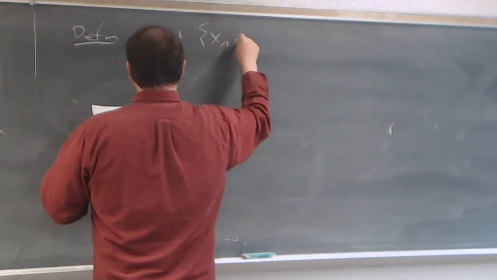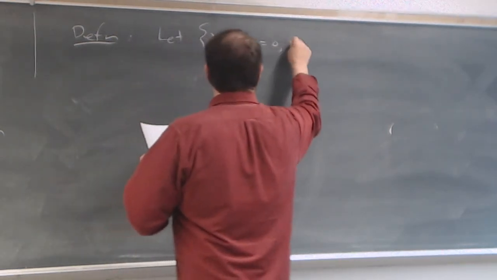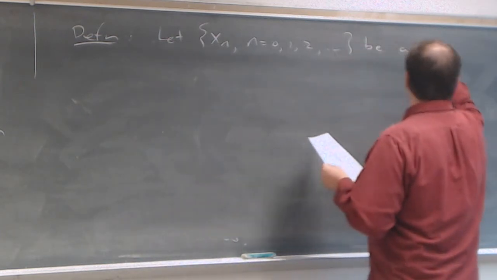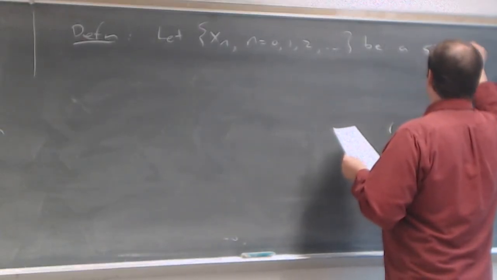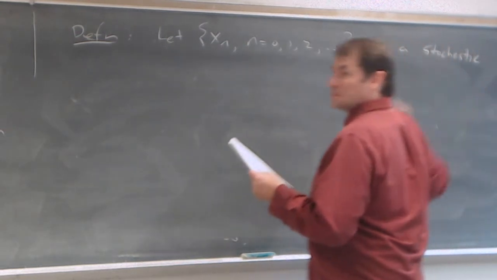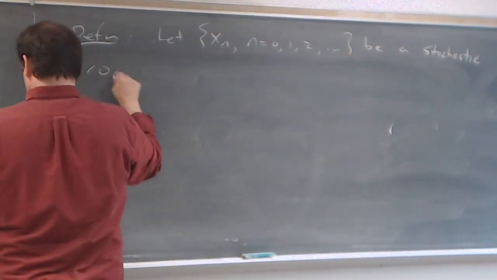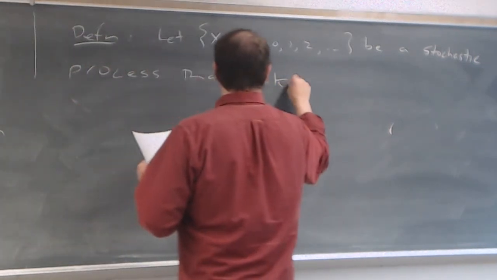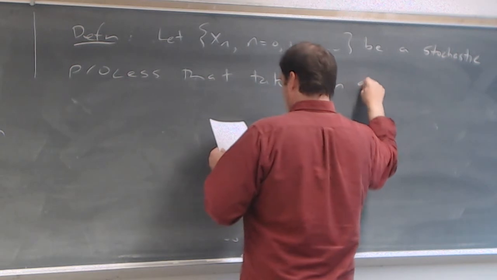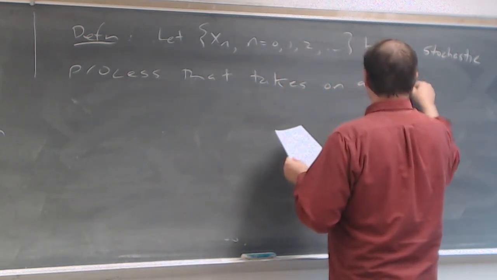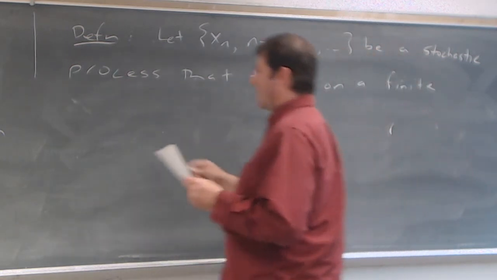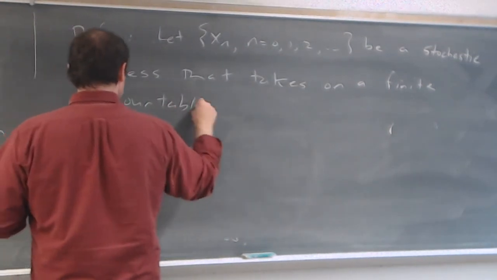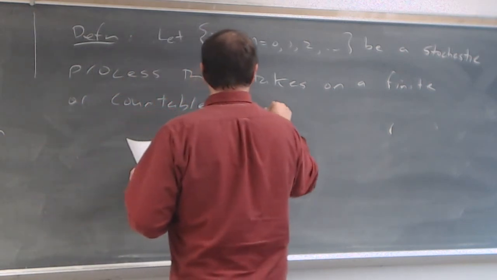Let X sub n, n equals 0, 1, 2, whatever, be a stochastic process that takes on a finite or countable number of values.